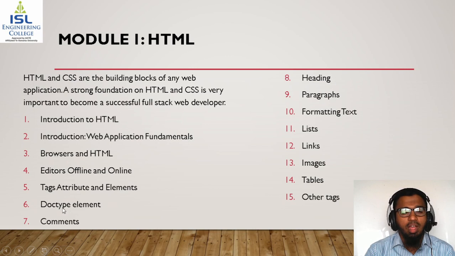And this is the doctype, which is very important when you are writing the code. The HTML full form is hypertext markup language. This is one type of markup language, with the help of which we can develop the website.